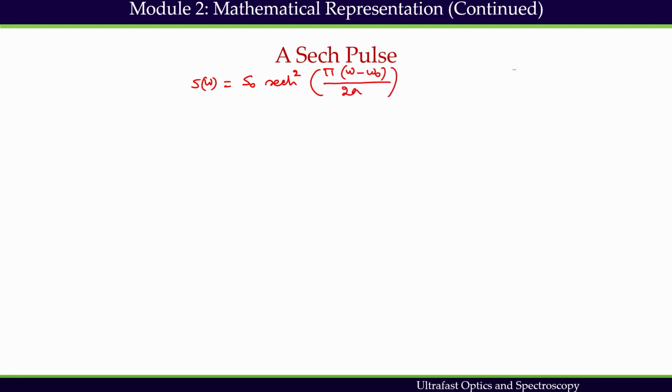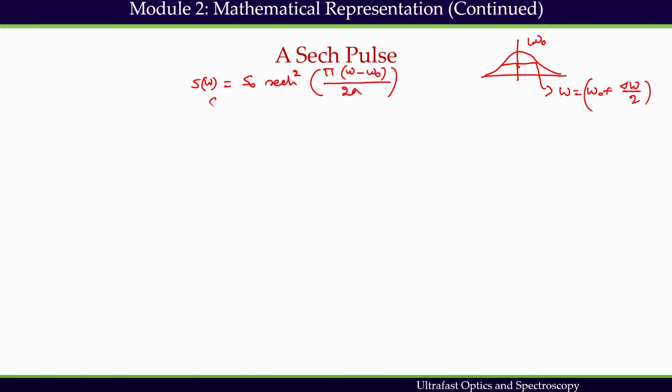Again, this is centered at omega naught, just like a Gaussian function. So from the full width half max definition, we know that we get half of its maxima when omega equals omega naught plus delta omega by 2.